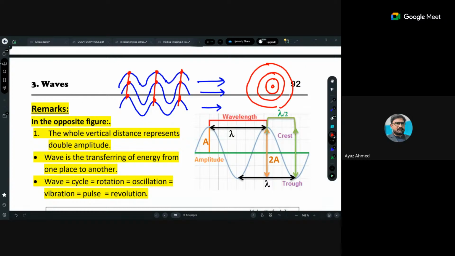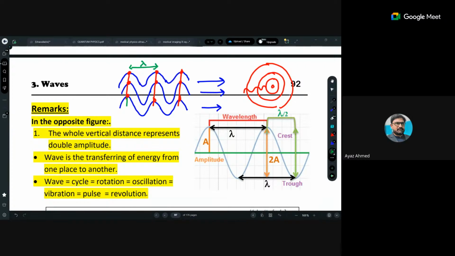Those are the crests and troughs, isn't it? Yes. So those are the wavefronts. Now you got what a wavefront is. Yes, sir. Okay, so the distance between two peaks is called lambda. That's why the distance between two wavefronts is also equal to lambda.